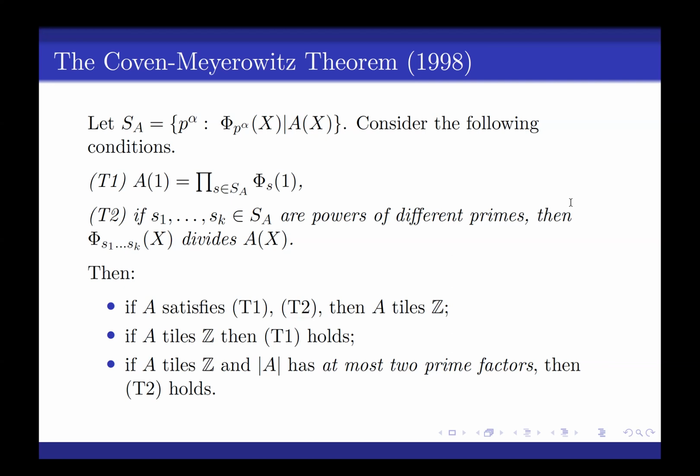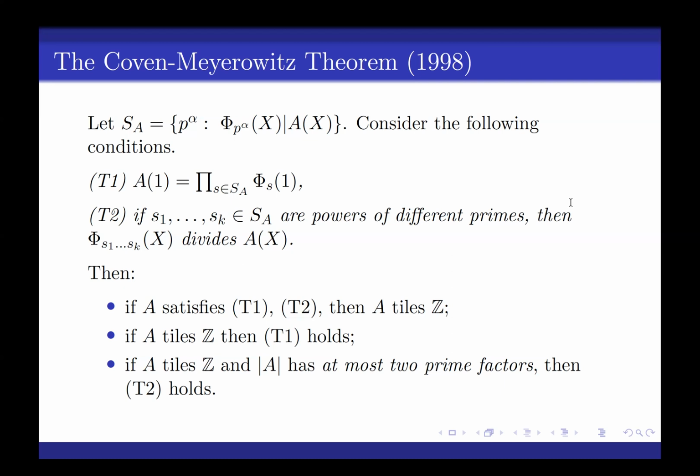So this is more or less what we're going to do until the end of the talk. Now, what did Coven and Meyerowitz prove with respect to these two conditions? They proved that conditions T1 and T2 combined are sufficient for tilings. Condition T1 is necessary, and condition T2 is necessary provided that the cardinality of the set A has at most 2 prime factors.